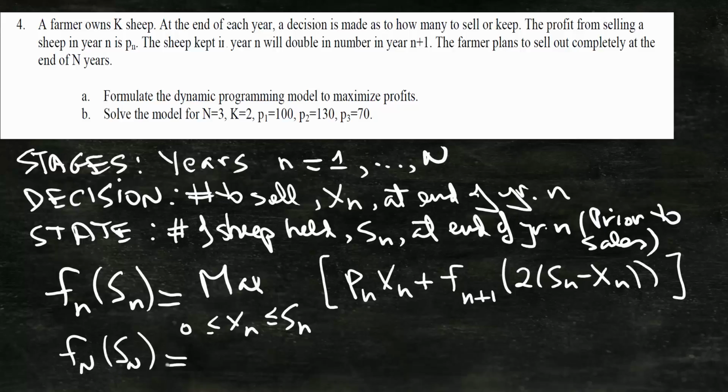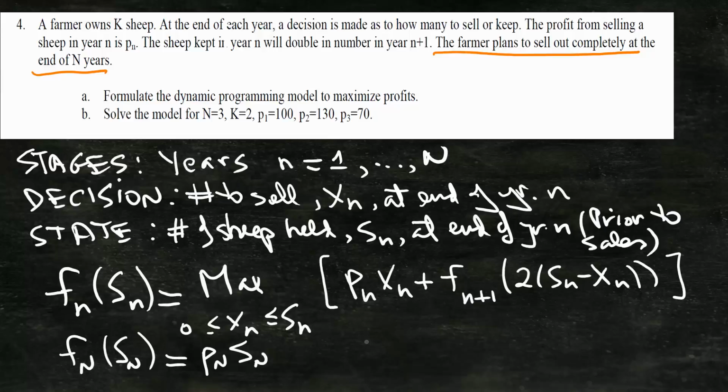So at the end, what happens? Well, I'm told that the farmer plans to sell out completely at the end of N years. So at the end point, I'm going to make Pn Sn, and from that point, the Bellman equation is defined.